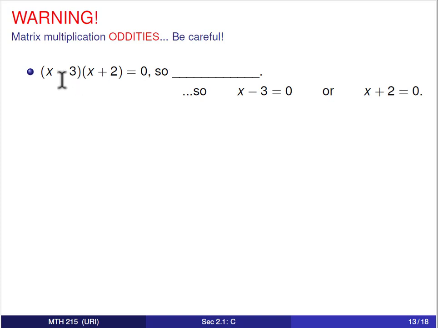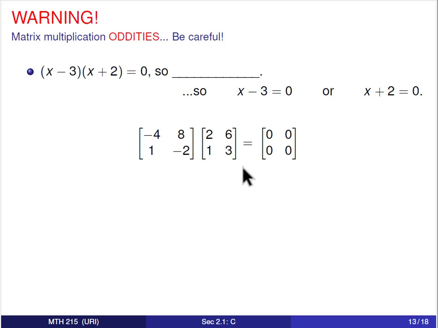Now, here is an idea that's not going to carry forward into matrix multiplication. If we take this matrix times that matrix and do that multiplication, you will end up with a 0 matrix. It's pretty surprising, but if you check, you'll see that it actually is the case. So I have two matrices, neither one of which is a 0 matrix, but when I tie them together, I do get the 0 matrix out.